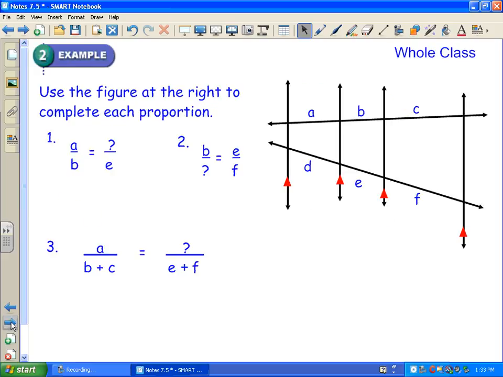So now, in looking for the answers to this question at the right of completing each proportion, let's go through and see which ones you can figure out go together because of where they're located. So A and B are in one fraction.